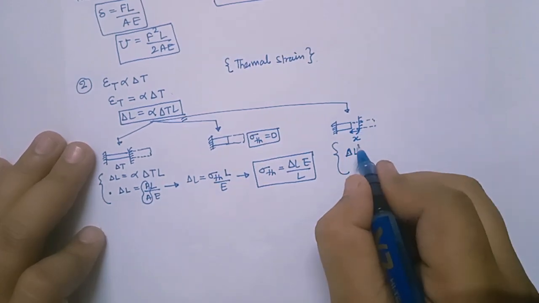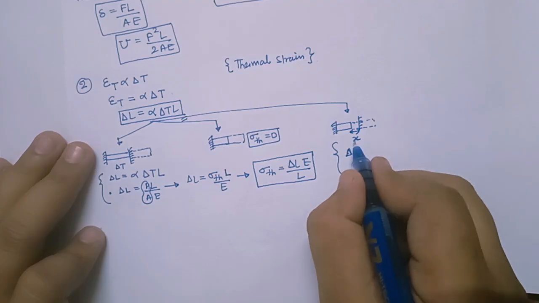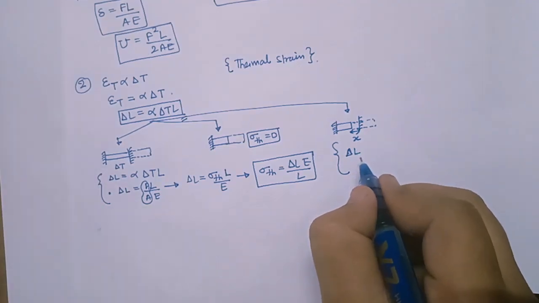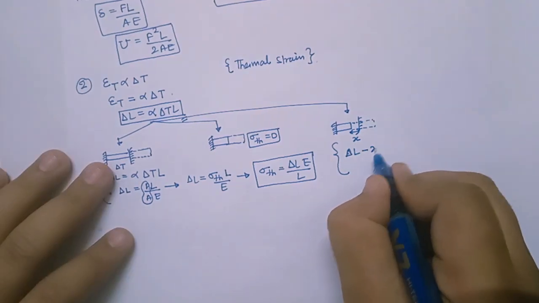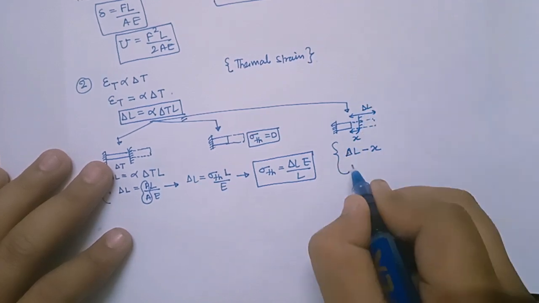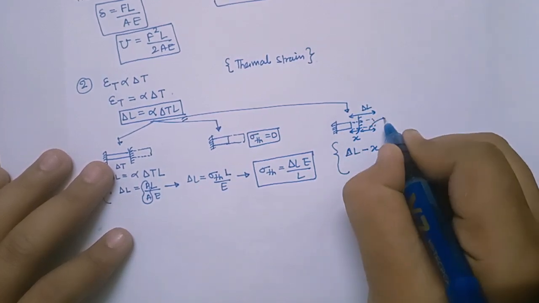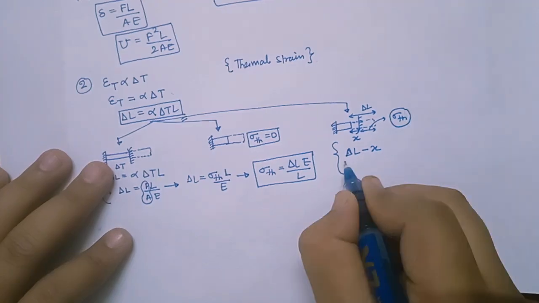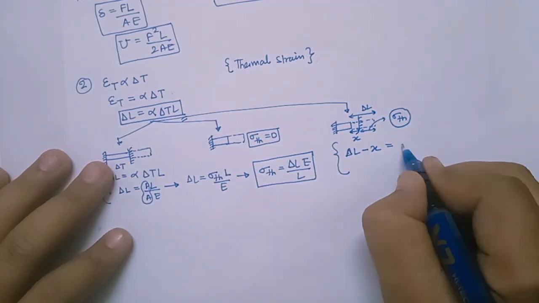No stress is generated for X, so the length in which the stress is not generated is subtracted. So delta L minus X. Delta L is this whole part, but I want only this part, because this will have a thermal stress, right?